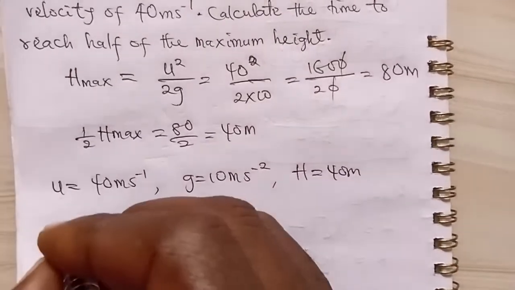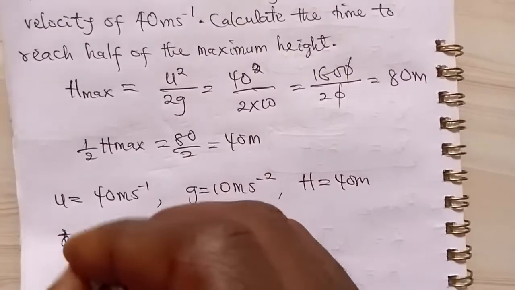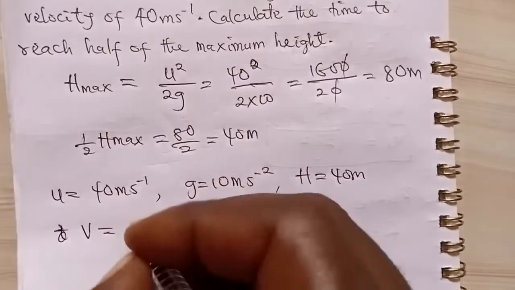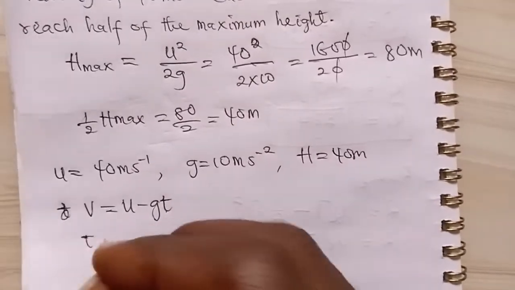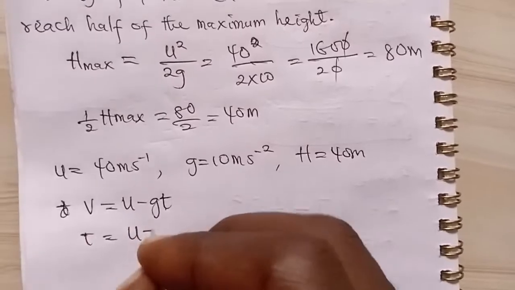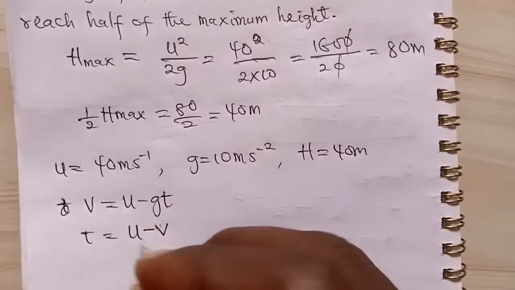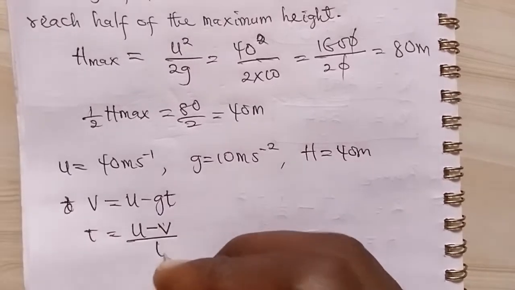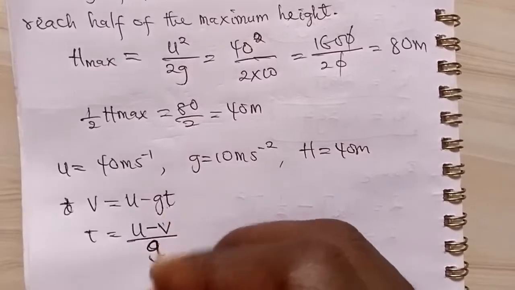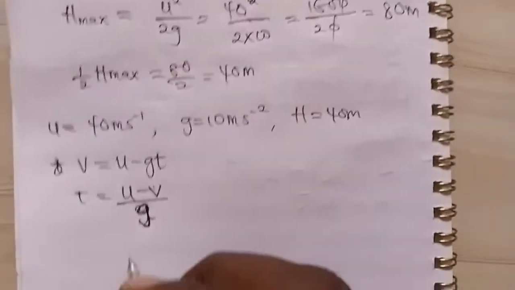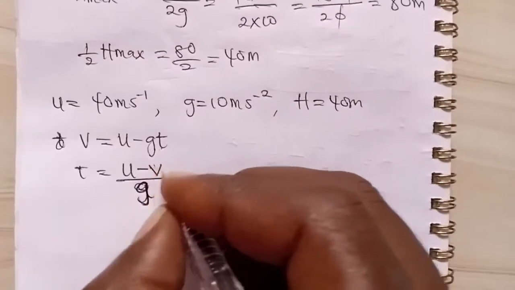For us to find the time, time is given from the formula v equals u minus gt. If we make t the subject of the formula, t becomes u minus v over g. But we don't know v, so we can't use this yet. We need to find v first.